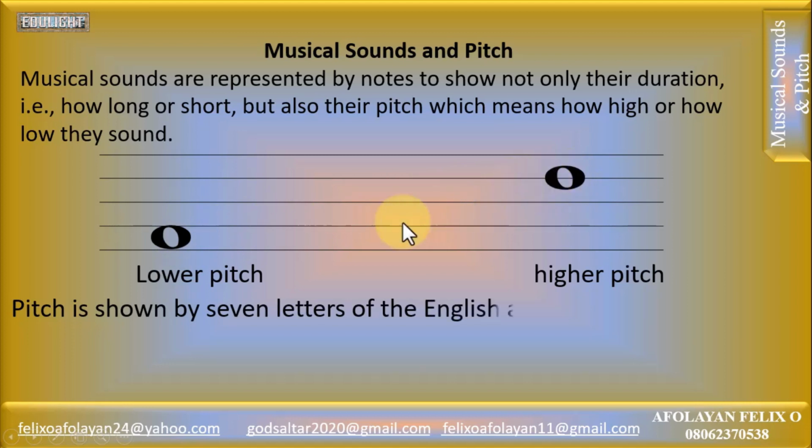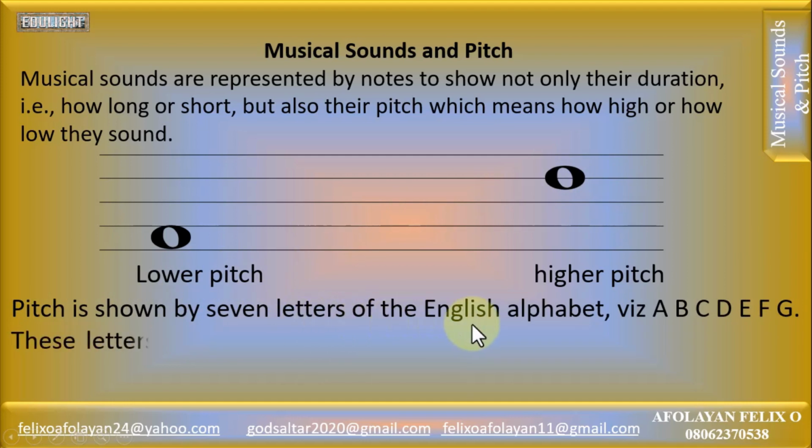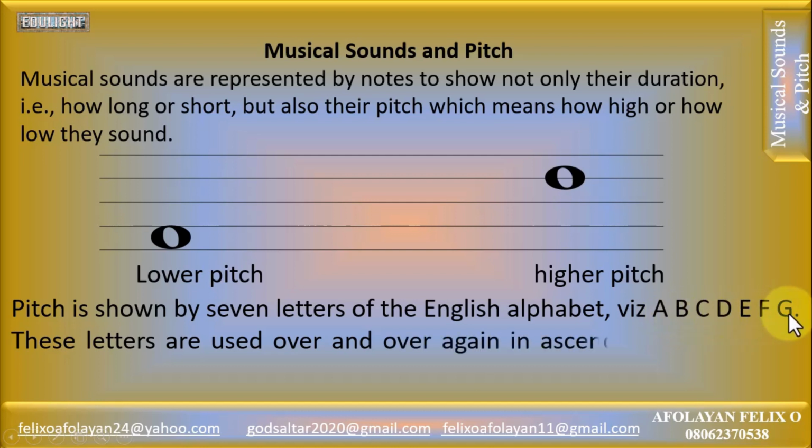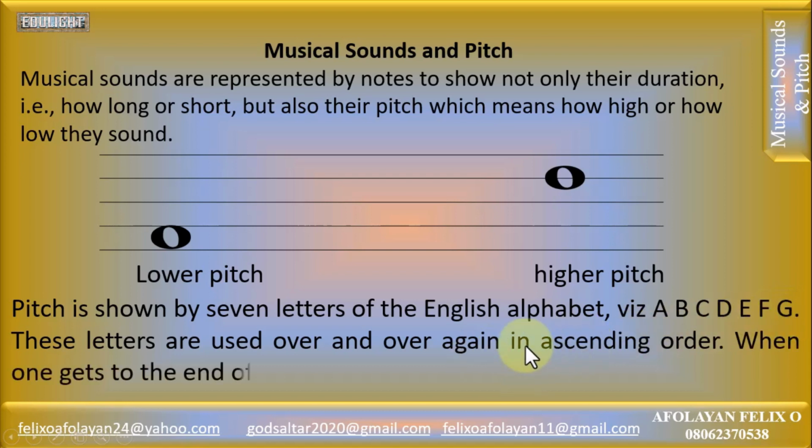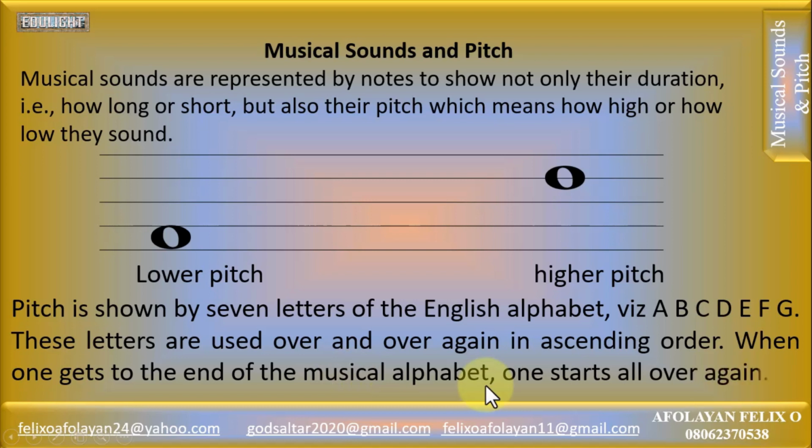So pitch is shown by seven letters of the English alphabet, which are A, B, C, D, E, F, G. These letters are used over and over again in ascending order. When one gets to the end of the musical alphabet, one starts all over again.